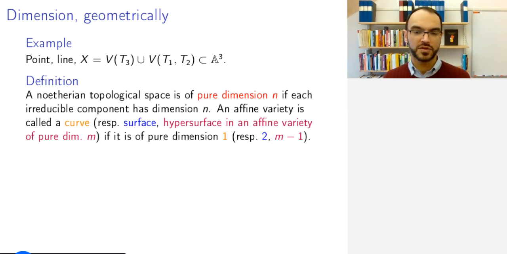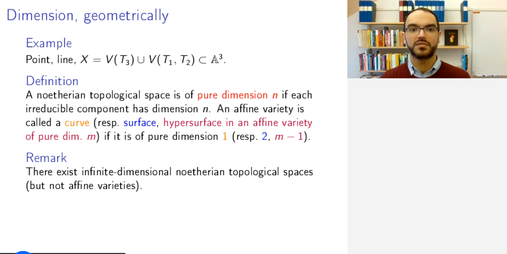And if we're talking about an affine variety, then if it has pure dimension 1, we call it a curve. If it has pure dimension 2, we call it a surface. If it has pure dimension m-1, viewed as a subvariety of an affine variety of pure dimension m, then we say it is a hypersurface. So we lose one dimension there.